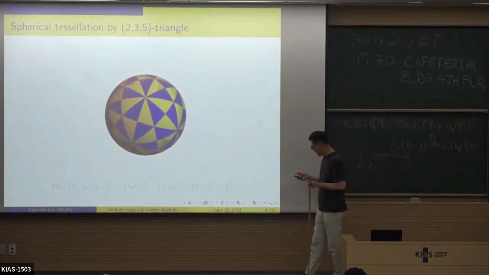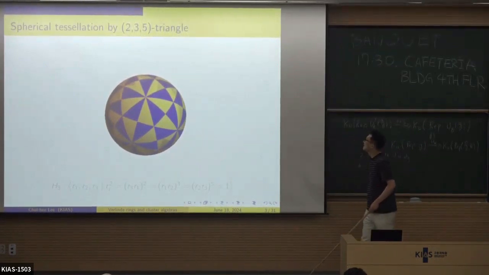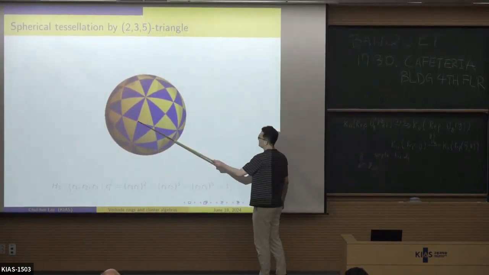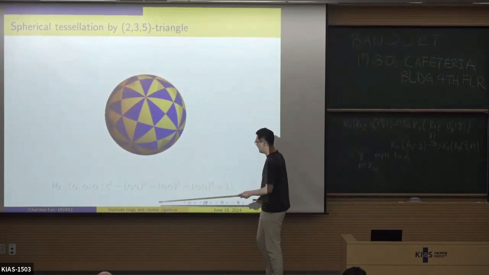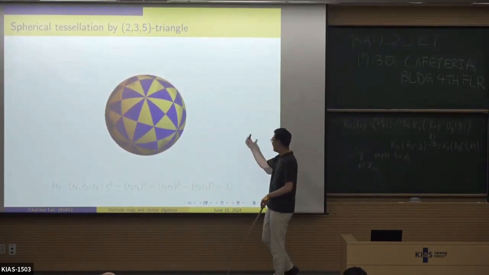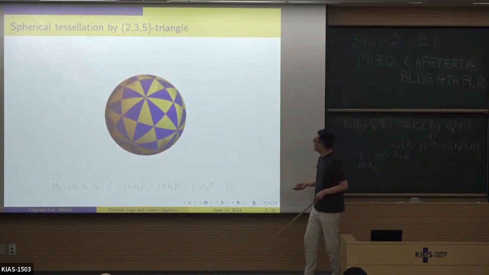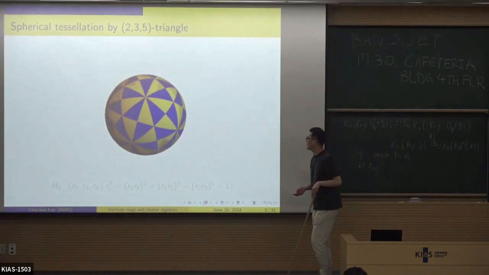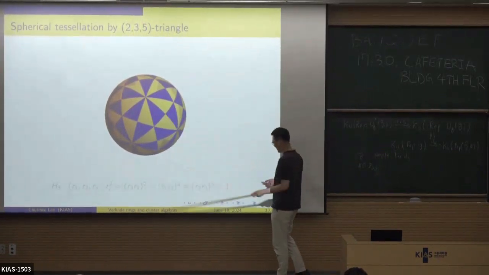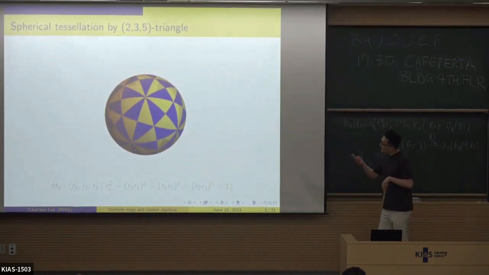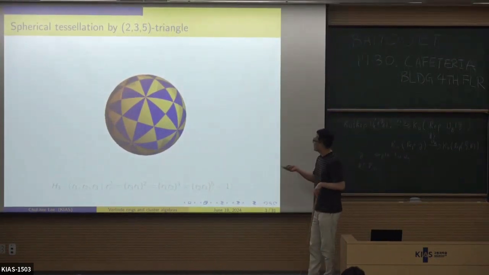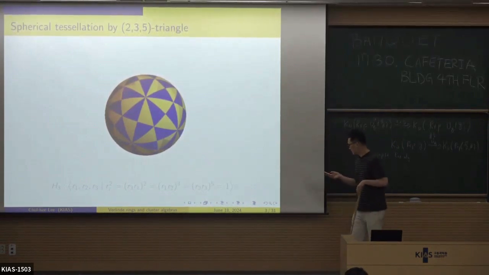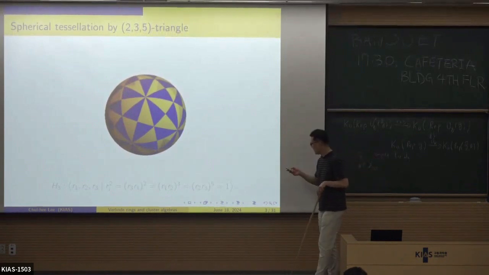So let me begin with a nice image. This is a sphere, and there is a triangle, and there are some angles given by pi over 2, pi over 3, and pi over 5. Along the sides, you can take the reflection. So each side gives a reflection, and this reflection as an isometry of R3 gives this tessellation of the sphere by congruent triangles.